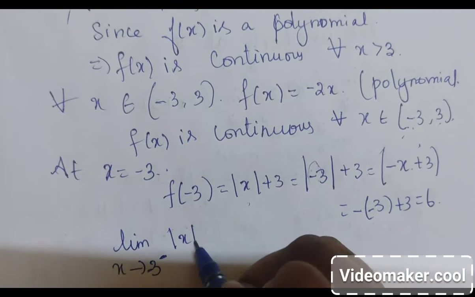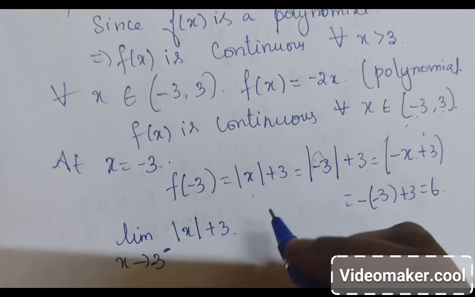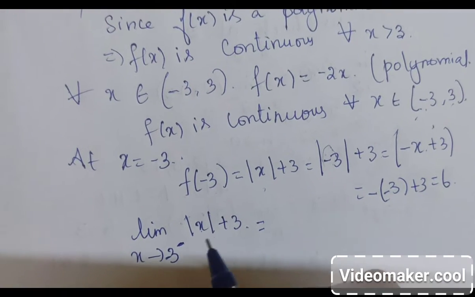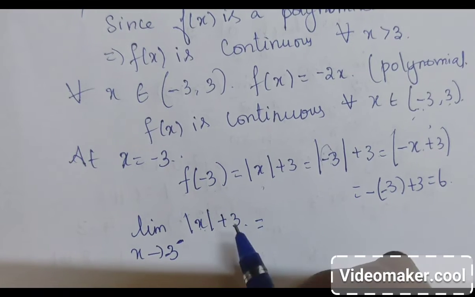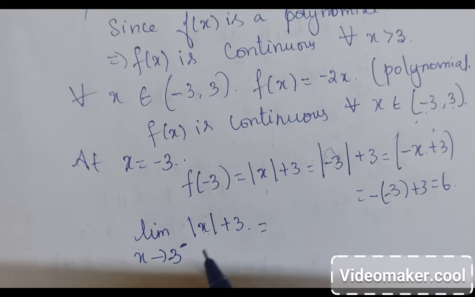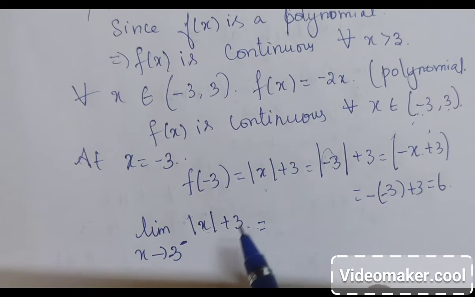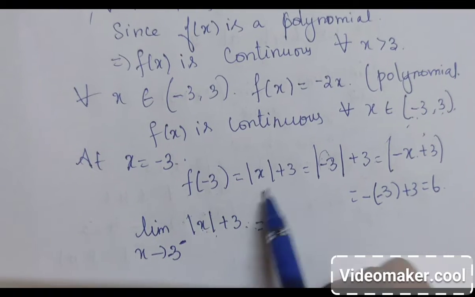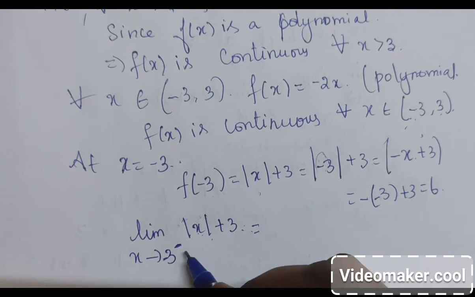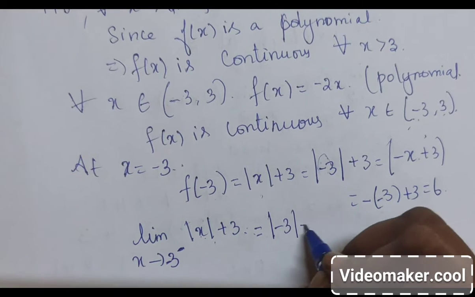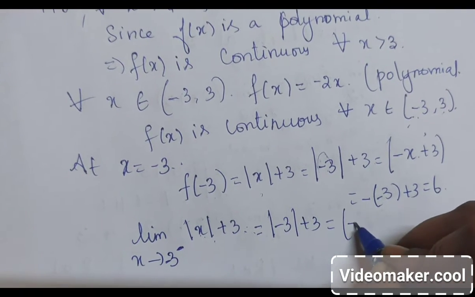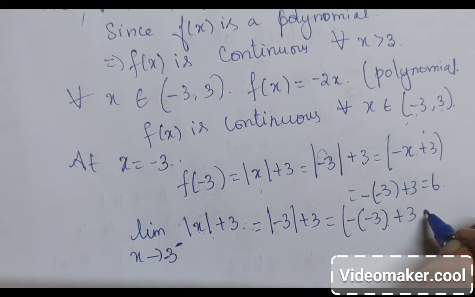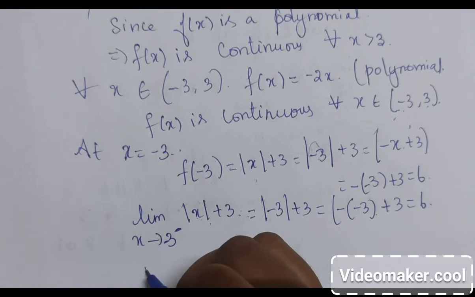Now according to the definition of mod, if you replace x as -3 minus h, you will end up with the same solution, so I am not going to introduce h here. Directly I will apply the limit. So mod, when we apply -3, according to the definition minus, here it is -(-3) plus 3, which is 6.